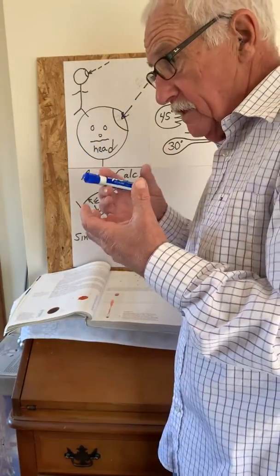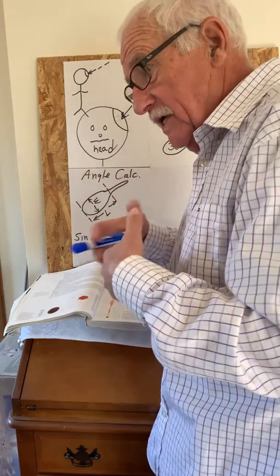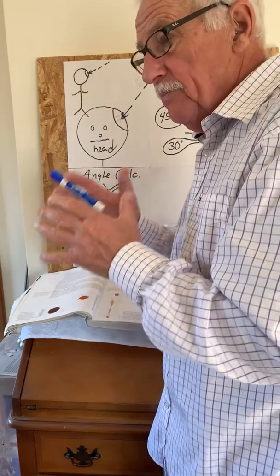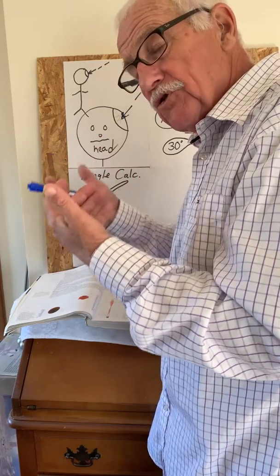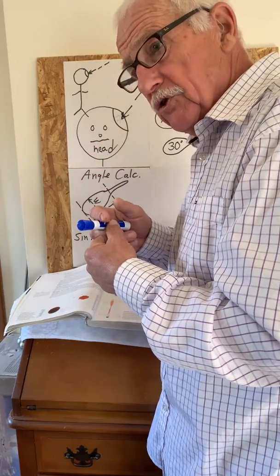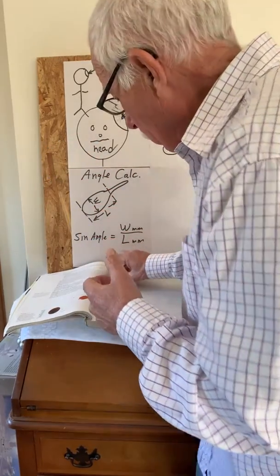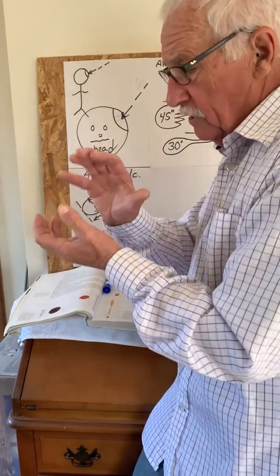When blood is projected from a point of origin and hits a surface, depending on the angle of that projection, there'll be certain geometric configurations of the blood. So what I want you to think about is blood when it is projected.